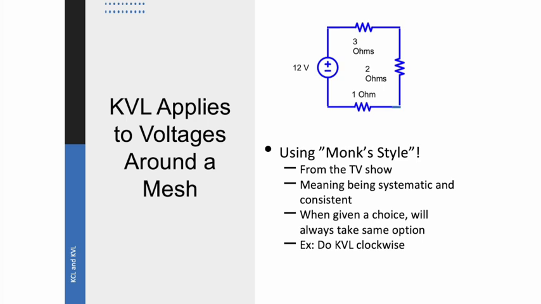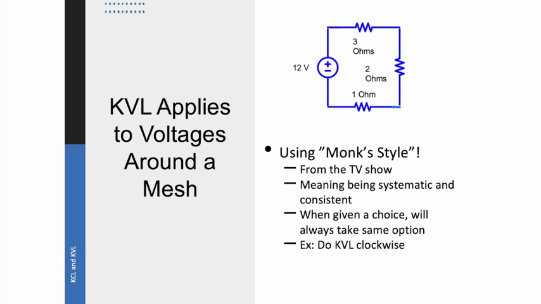Okay, moving on to Kirchhoff's voltage law. It applies to voltages going around a mesh, and I use what I call Monk's style. That's Mr. Monk from the TV show. And when I say I'm being like Mr. Monk, what I mean is that's shorthand for I'm being brutally systematic and consistent.